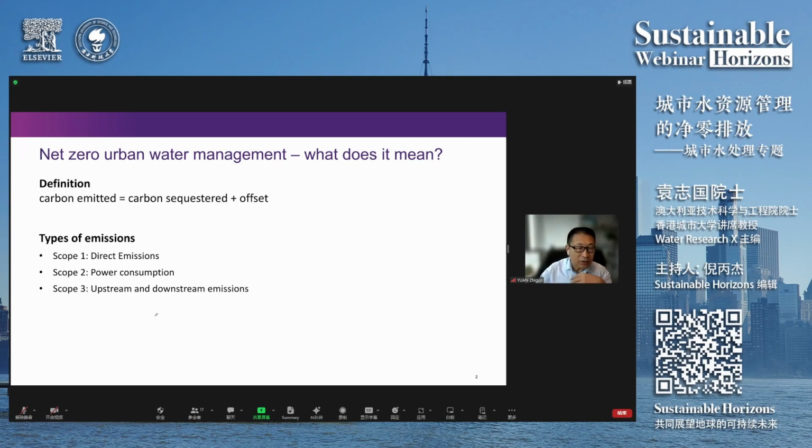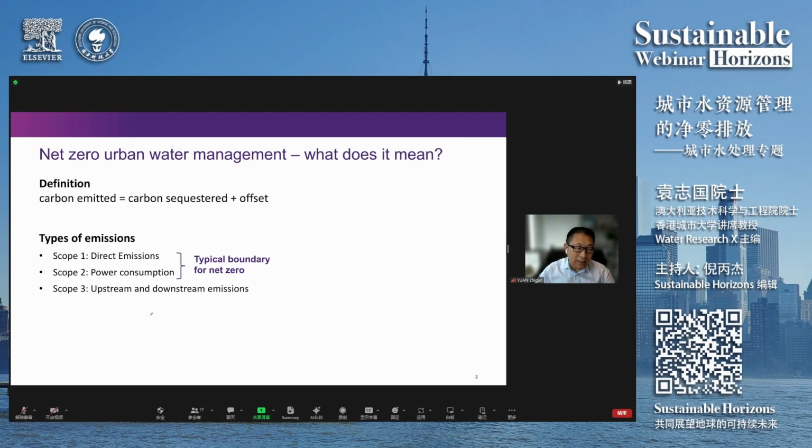That's the downstream emission. But in terms of the carbon emissions from the water utilities, really we just talk about Scope 1 and Scope 2. So if we say net zero, the boundaries are around Scope 1 and Scope 2. Sorry, did I say Scope 3? I think that was an error. So Scope 1 and Scope 2 are counted against emissions from the urban utilities when you look at your goal of net zero.